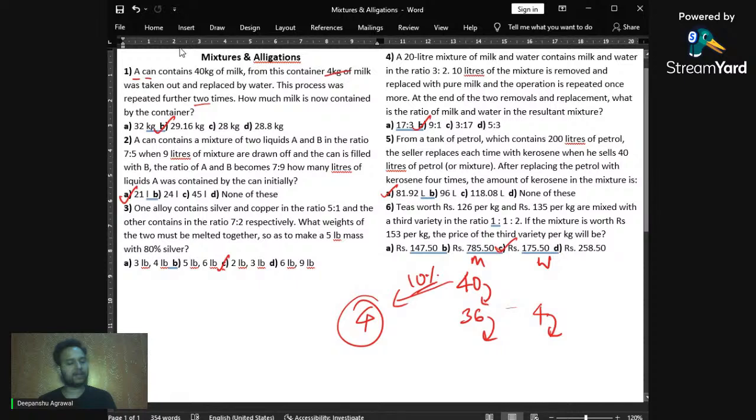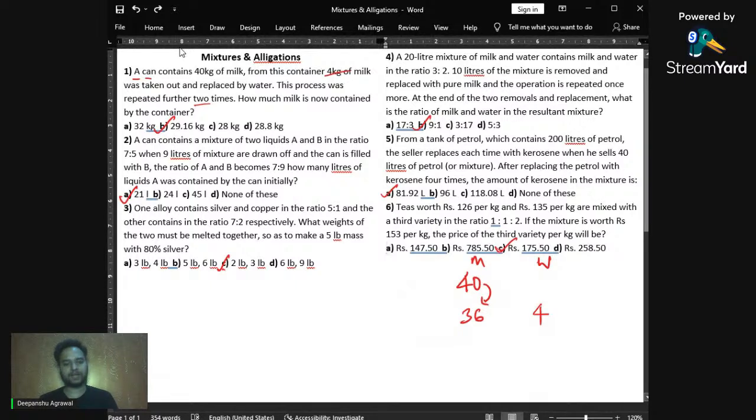Both would be taken out by 10%. It's not that you can just extract the water out of it or milk out of it. No, you have to take out the solution, and that solution would contain 10% of the original quantity of milk and 10% of the original quantity of water, right?